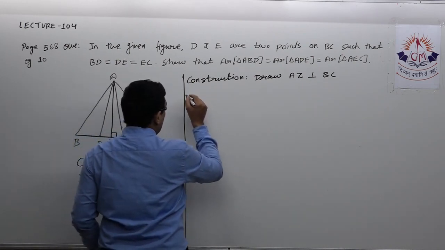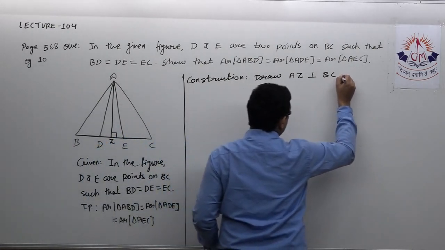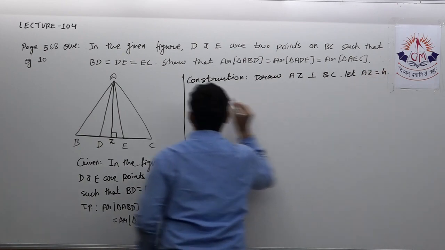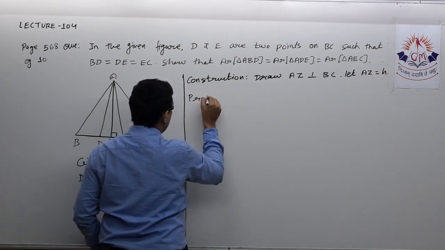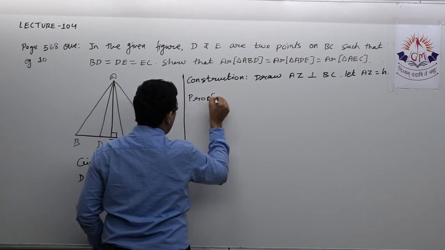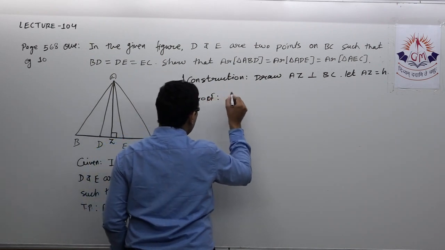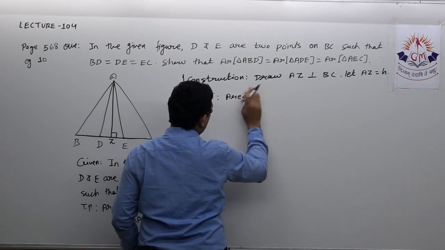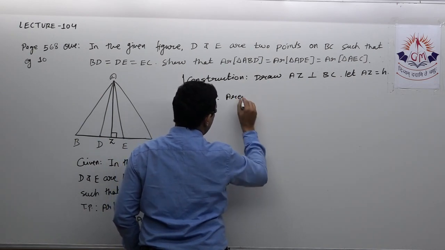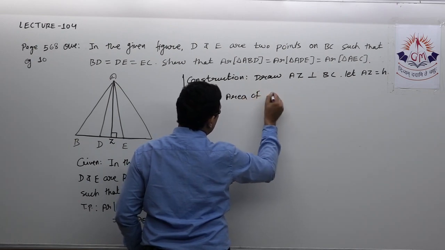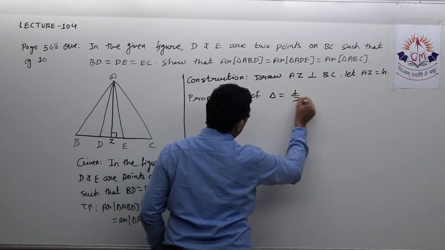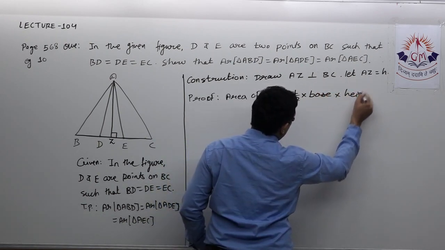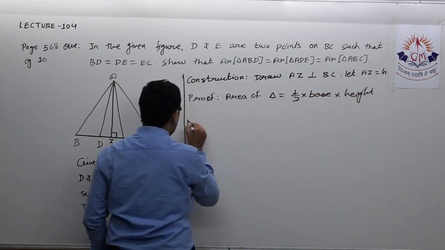Okay, let AZ be equal to H. Now, prove: area of triangle is equal to 1 upon 2 into base into height. Okay, now it's very easy.